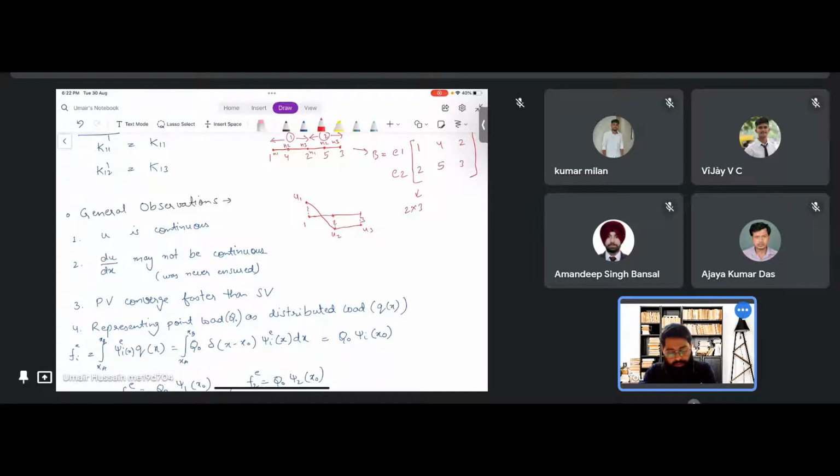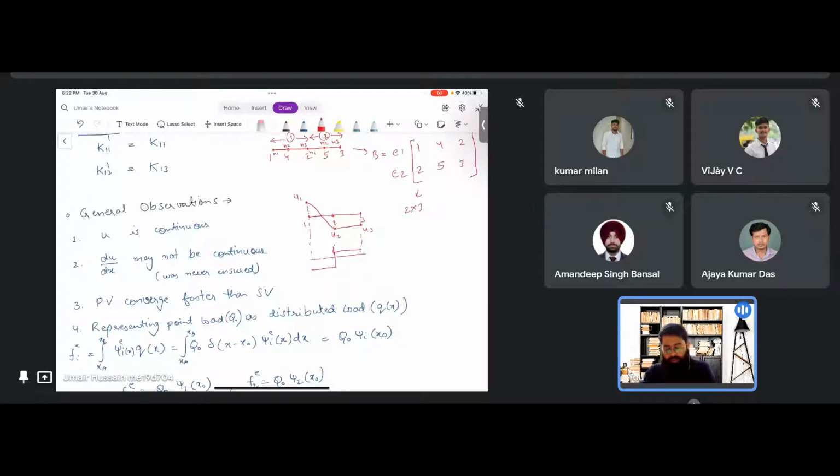So for the same thing, for linear element we have a constant value of derivative, right? So this would be a negative slope, so we'll have some constant negative value. And for the next element, we'll have some positive slope here, so we'll have some positive value.